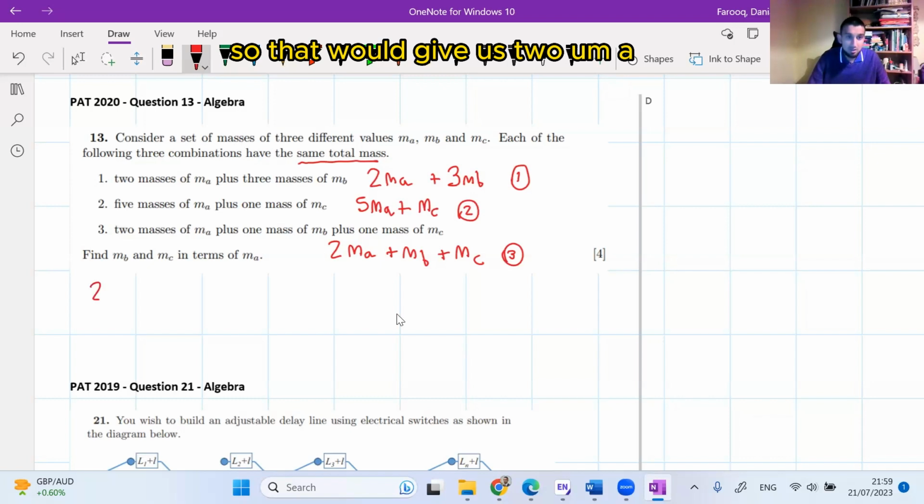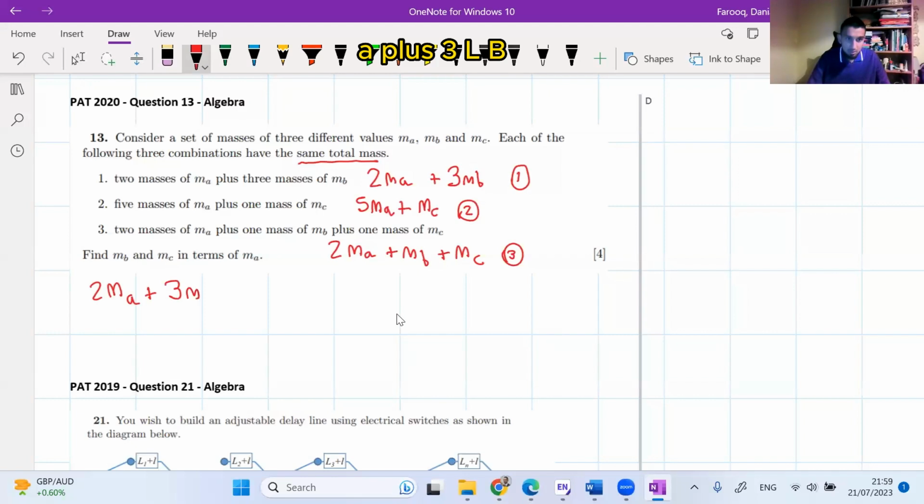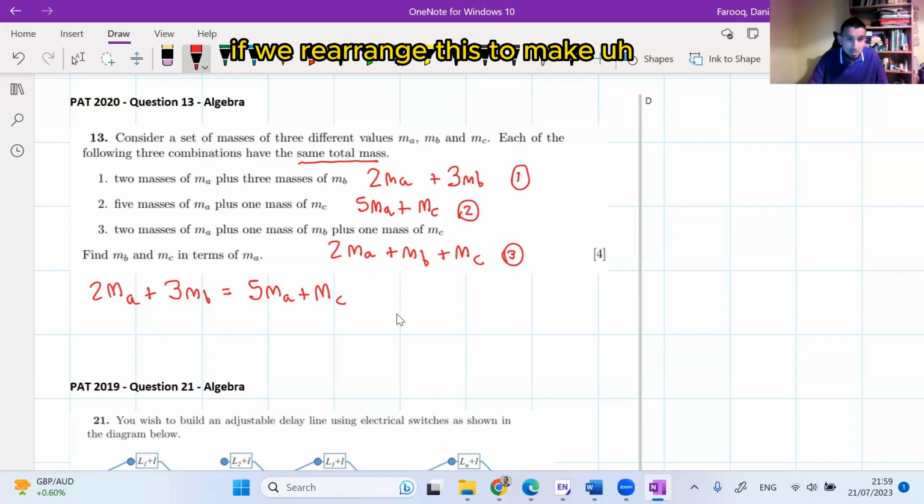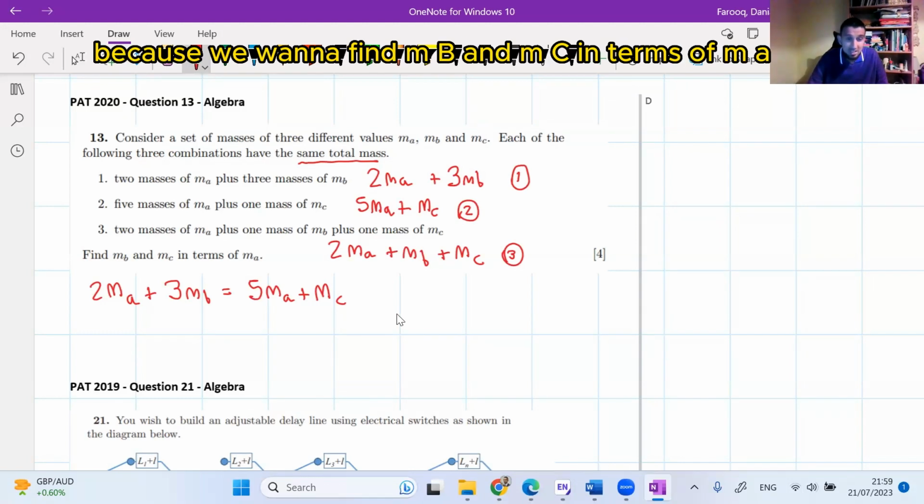So that would give us 2Ma plus 3Mb will equal to the 5Ma plus the Mc.